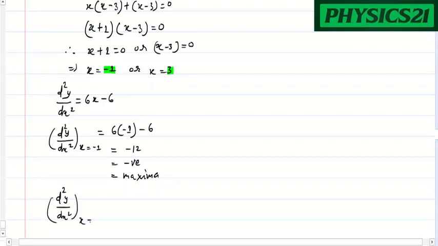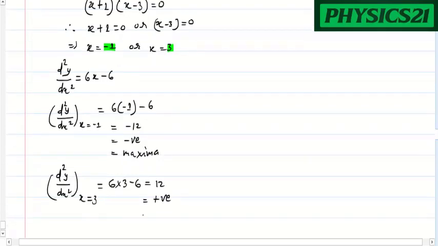Its value will be 6 multiplied by 3 minus 6, that is 12. This is a positive value. It means for x equal to 3, the function has a minimum value, which is known as minima. So this is the way to find maxima and minima.